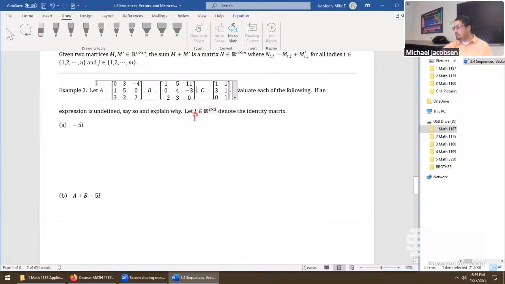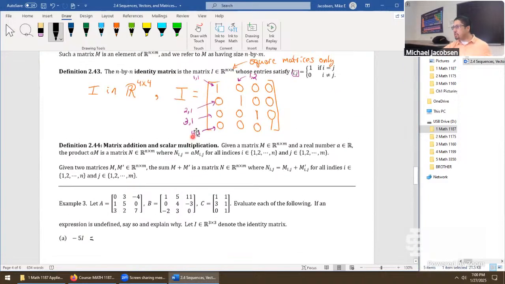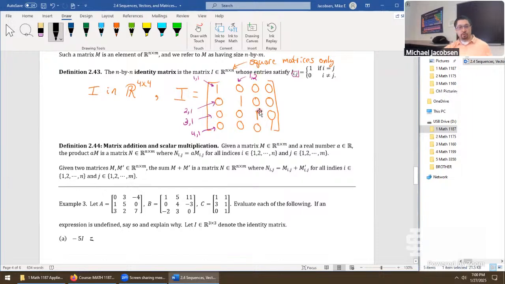Just to be specific, I is the identity matrix in R 3x3. So first thing we're going to do is a scalar multiplication, -5 times I. If I is the matrix that goes like this, but it's size 3x3, so it's cut a little short, all we're doing is multiplying all entries by -5. It looks like we're just getting -5 along the main diagonal.